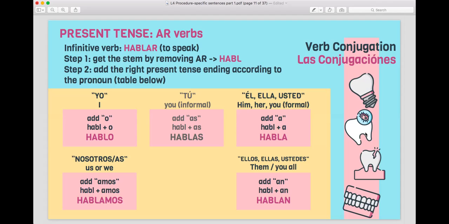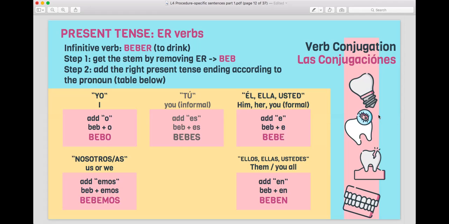Yo hablo. Tú hablas, which is the informal form that we're not really using to talk to our patients. We'll be using the usted form. So usted habla or él, ella habla. Nosotros o nosotras hablamos. And ellos, ellas o ustedes hablan for the plural.